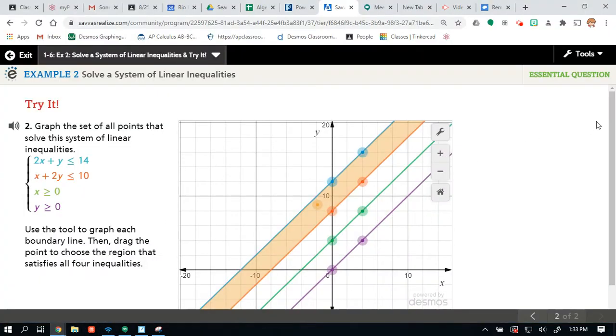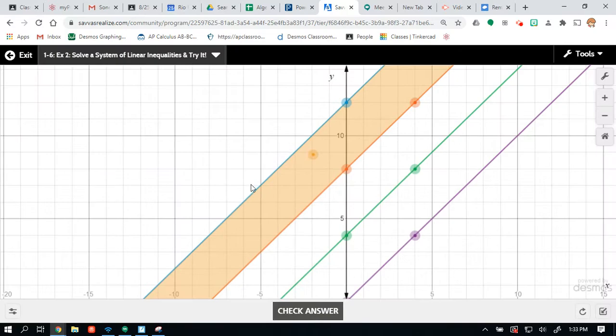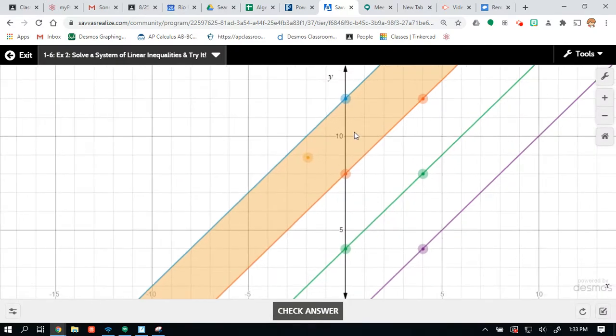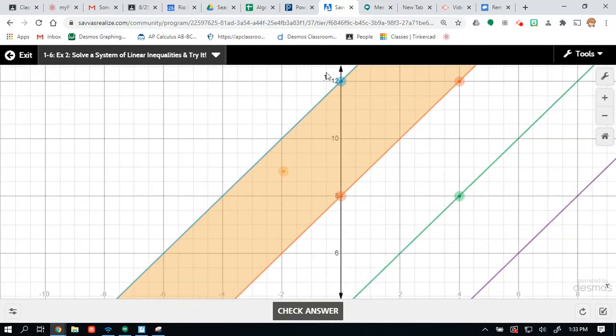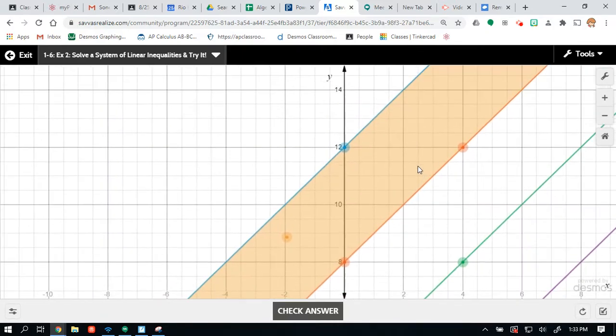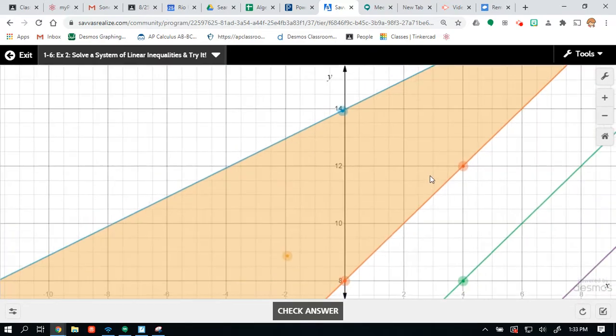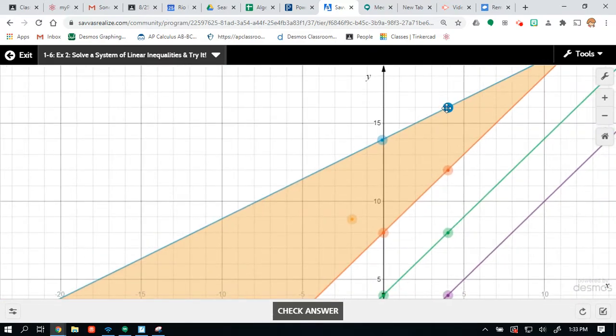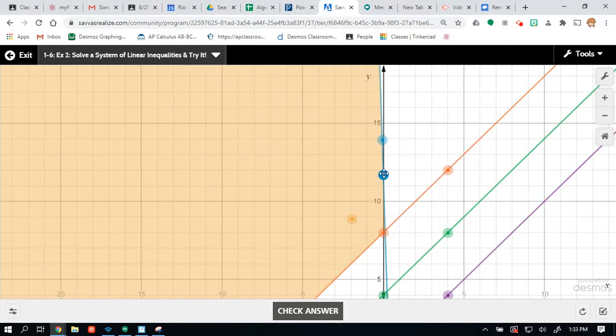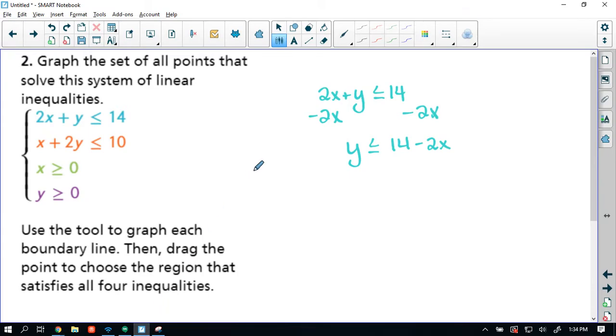Going back to my graph, I am actually going to pull this out to give me some more space. And I'm going to move my blue line. I believe it's already on 14. Nope, it's on 12, which is why I pulled it out and move it up to 14. And then I'm going to go down 2 and over 1, because my slope here is negative 2x, which means that's going to be negative rise over run.